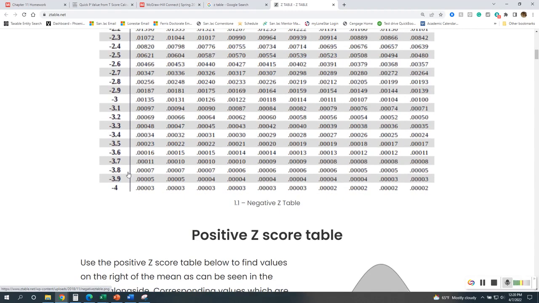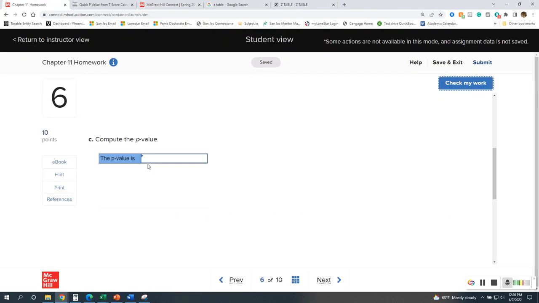So my z-stat was 3.80 negative. So this is going to end up being 0.00007. Nice. So back to the homework.